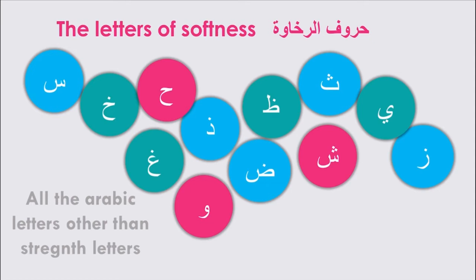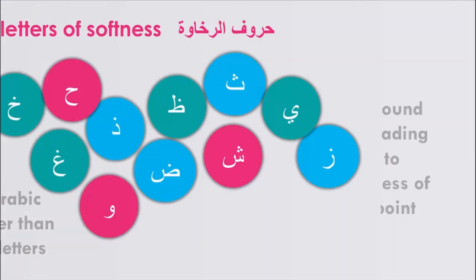Okay, you see here the waw sound is continuous, nothing blocks the sound of the letter. The sound is running and nothing is blocking it. So this is الرخاوة, this is the way of making the letters with الرخاوة.